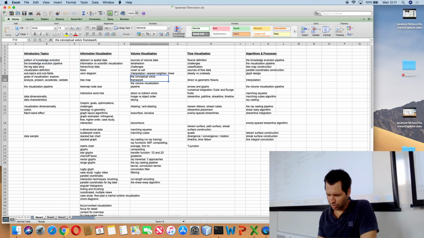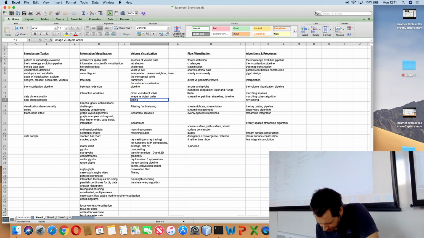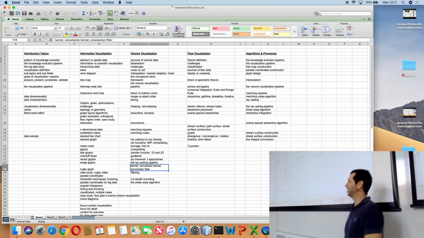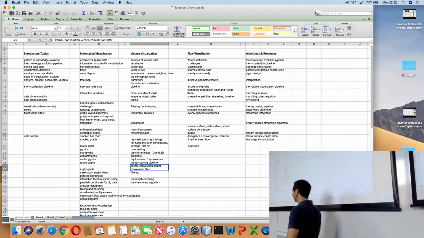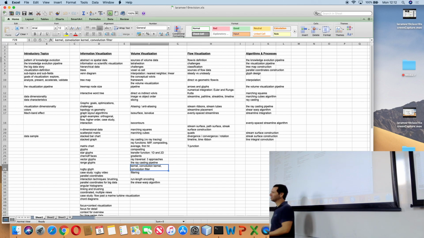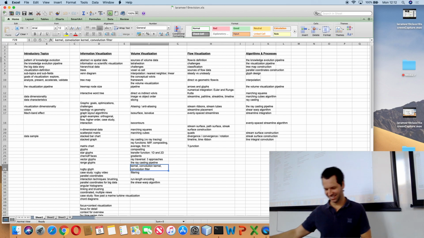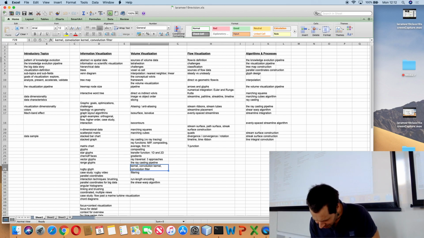Like the conceptual volume visualization framework is also called the volume visualization pipeline. Two names for the same thing. And where else? These three terms are all the same. That's not my fault. These three terms are all the same, for example. What else?